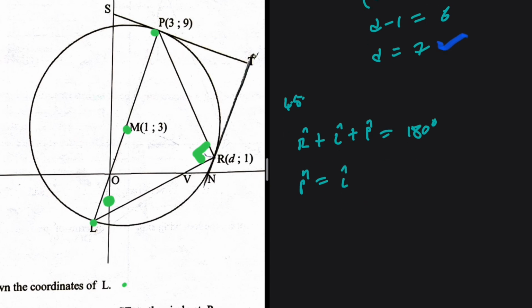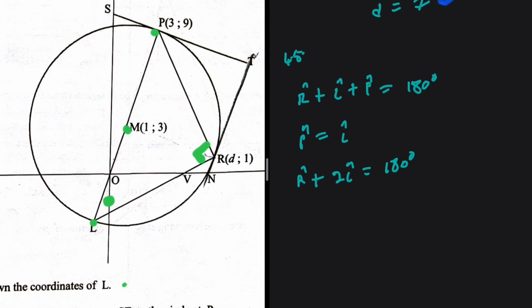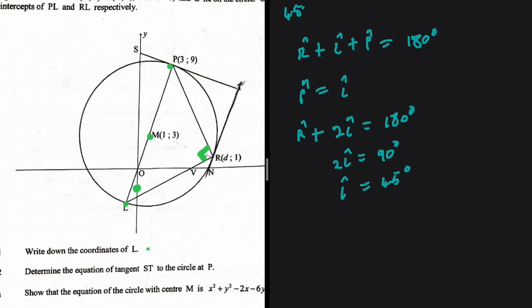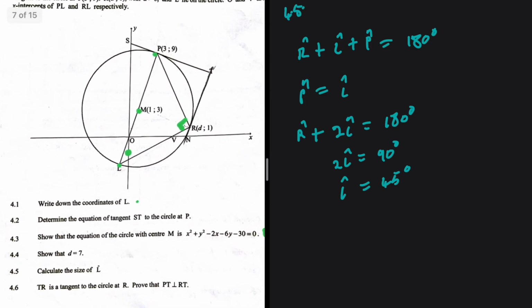So by saying that, we can then say angle R plus 2 angle L is 180 degrees. But we know that R is 90, so we have 2L being equal to 180 minus 90. So angle L should be 45 degrees. That is 4.5. Okay, and then let's carry on.